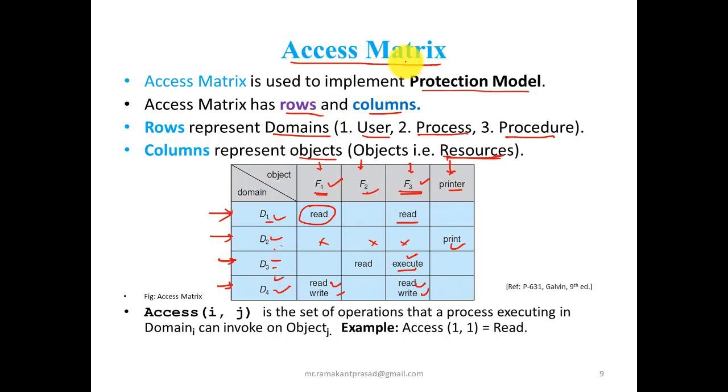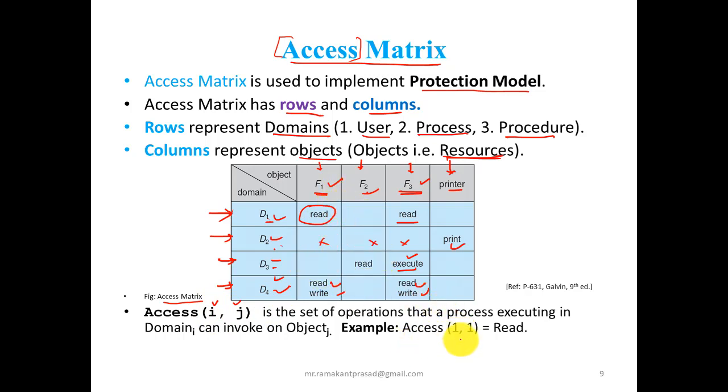So the structure is like a matrix, and this matrix gives the permission of access of a particular file. So its name is access matrix. Always keep in mind that the access matrix has two parameters, i and j, to give the access of a particular resource.